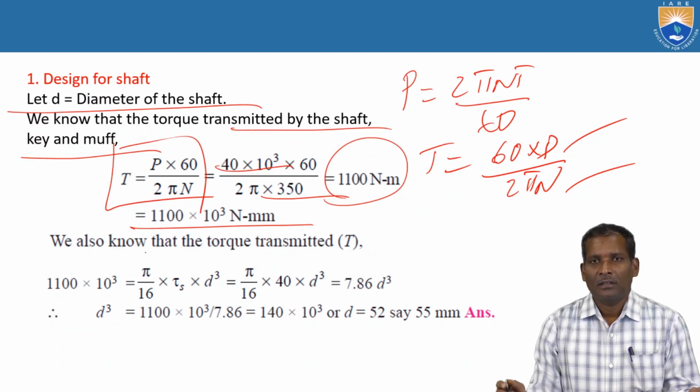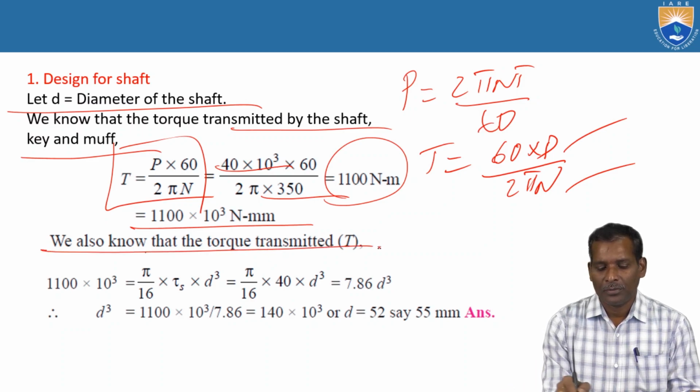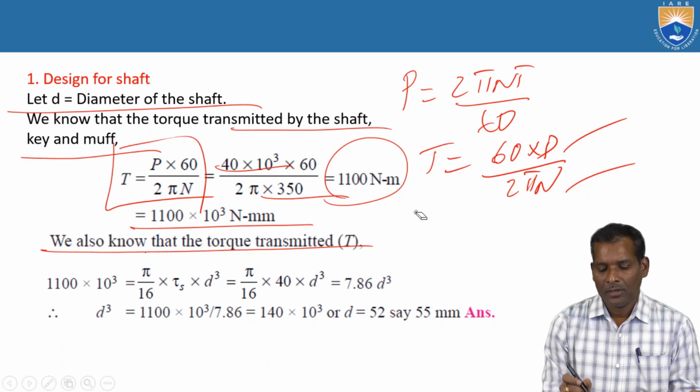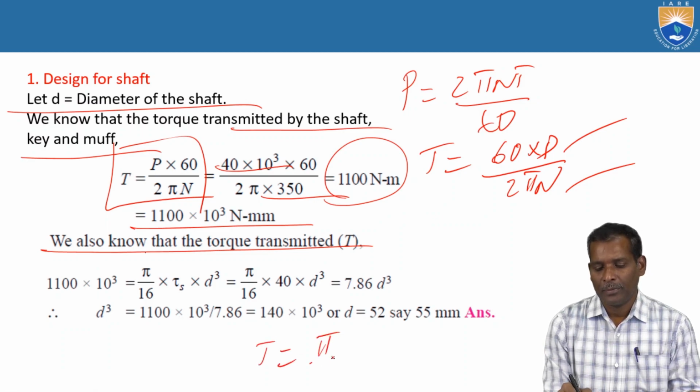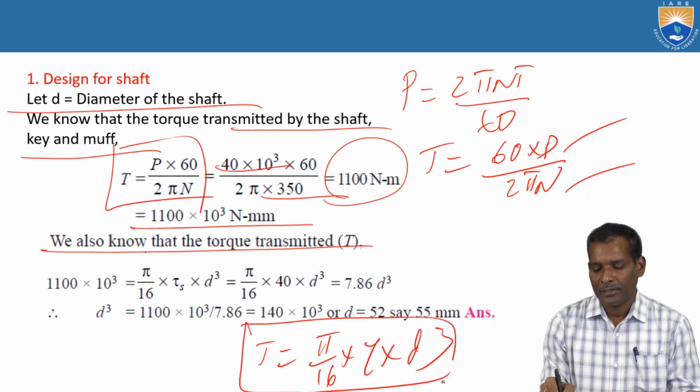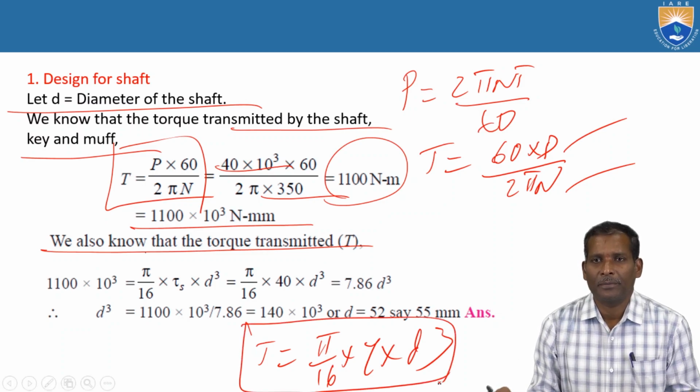After that, apply the torque transmitted equation. The torque transmitted equation is T equal to pi by 16 tau into d cube, obtained from the torsion equation.